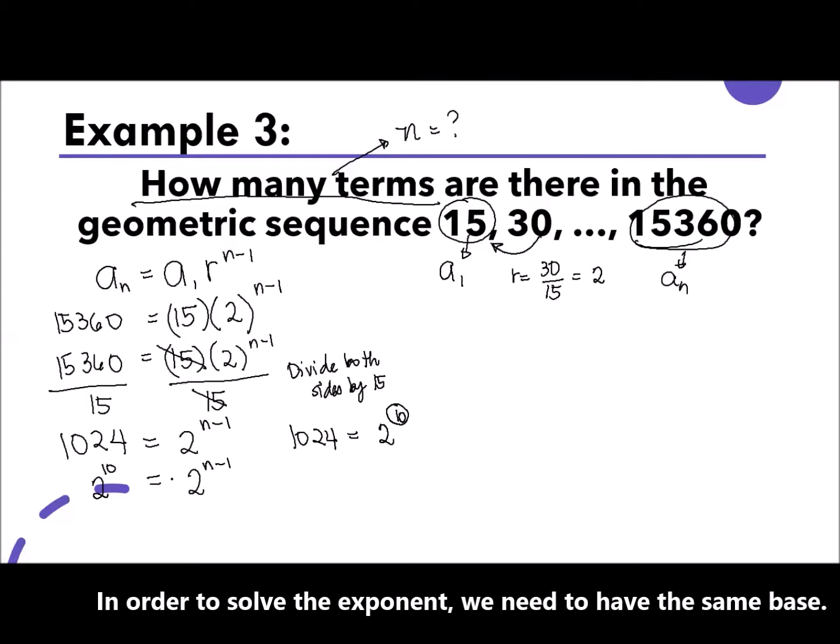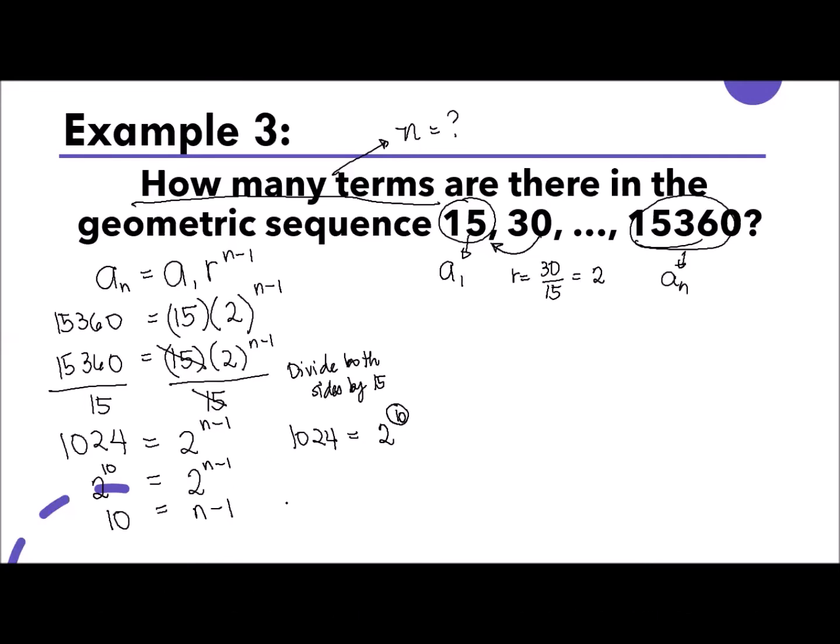So, dahil parehas na tayo ng base, bring down mo na yung exponents. Okay? By that, we could now simplify. So, if we're going to transfer negative 1, it will become 10 plus 1 is equal to n. And this gives us n is equal to 11.